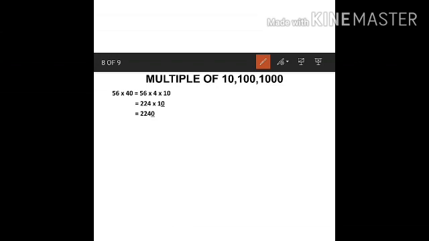Consider the number 13 into 200. Okay, we are multiplying this with 200, a multiple of 100. What we have to do is, we have to multiply 13 by 2. So, when we multiply 13 by 2, we'll get it as 26.